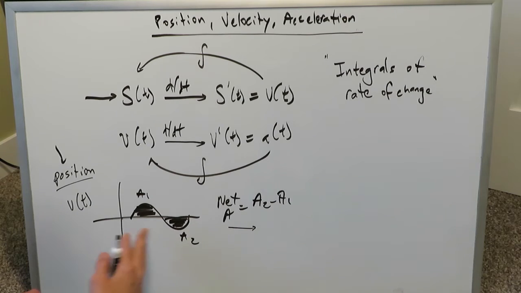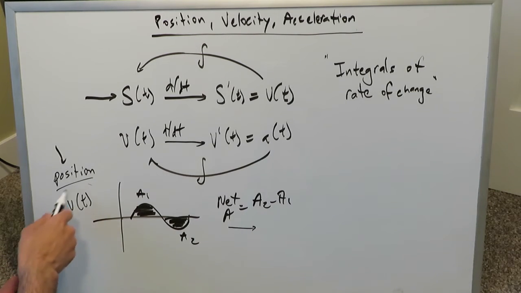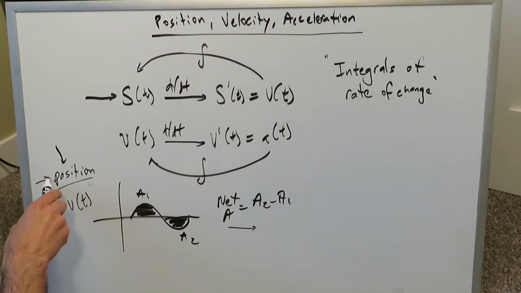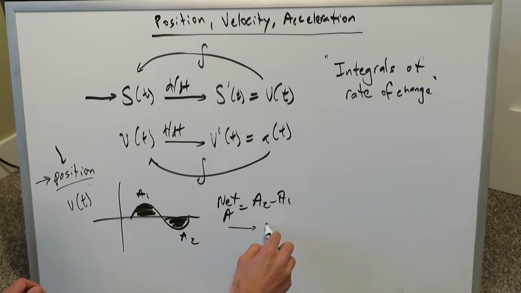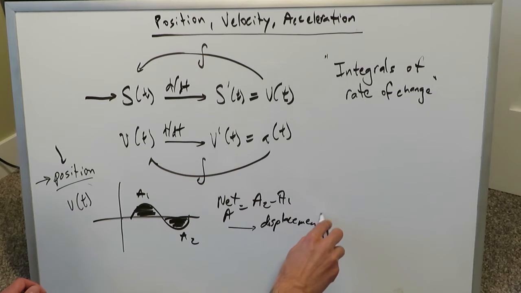If you do the net area calculation by means of integration for a velocity function with regards to studying a position, we're looking at displacement, or the net displacement, which is where the object was at its original point and where it ended up.